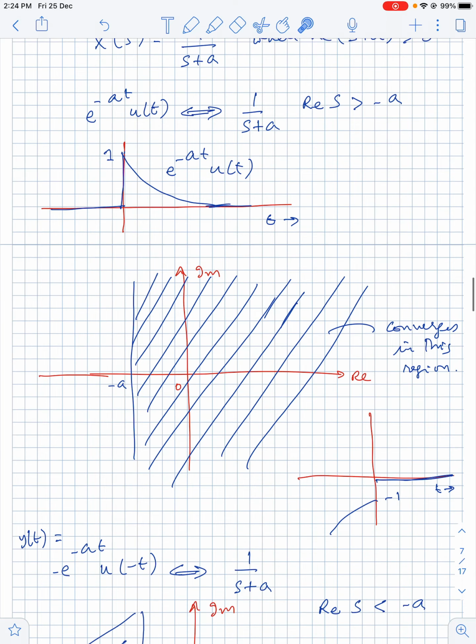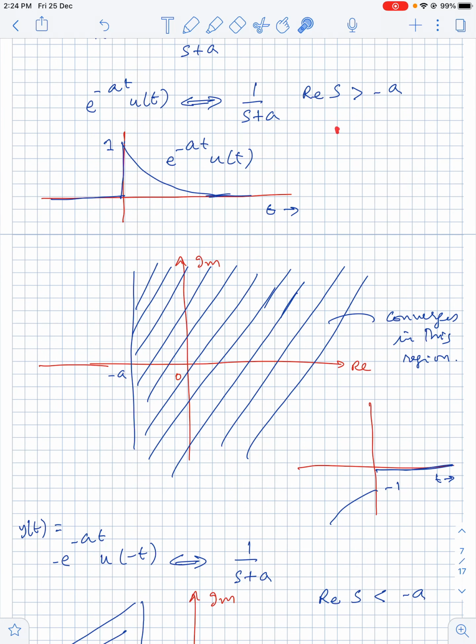So if you plot the region of convergence of this Laplace transform in the complex plane, it is the same complex plane which you saw earlier, where the x-axis is the real part and the y-axis is the imaginary part. The region of convergence is real part of s greater than minus a.